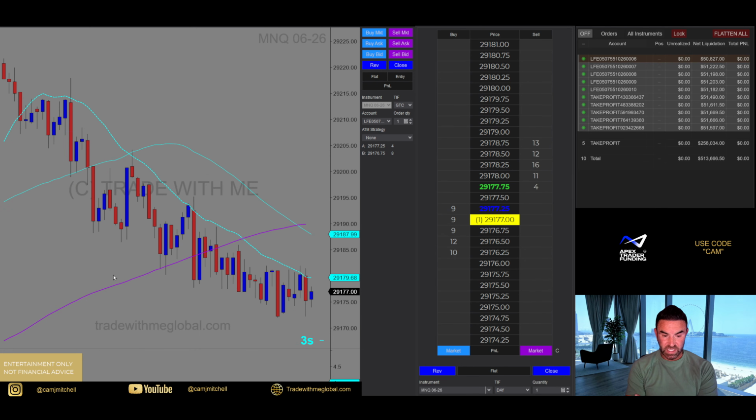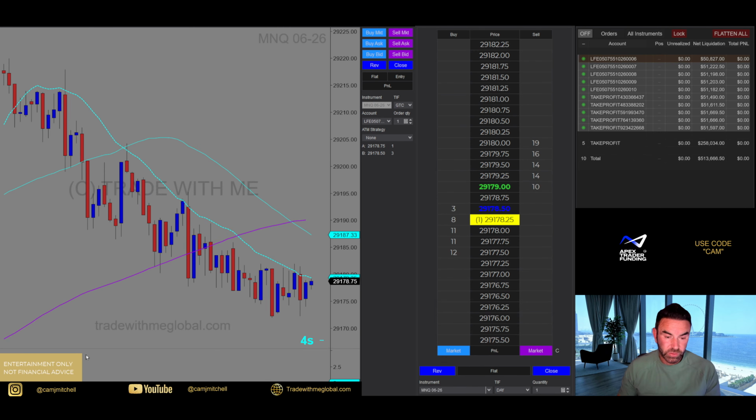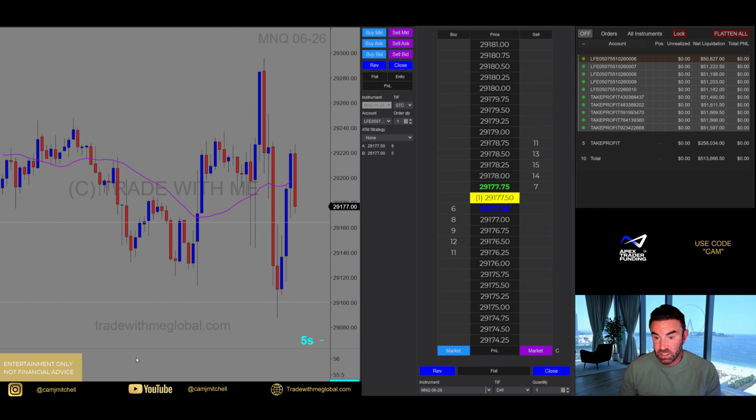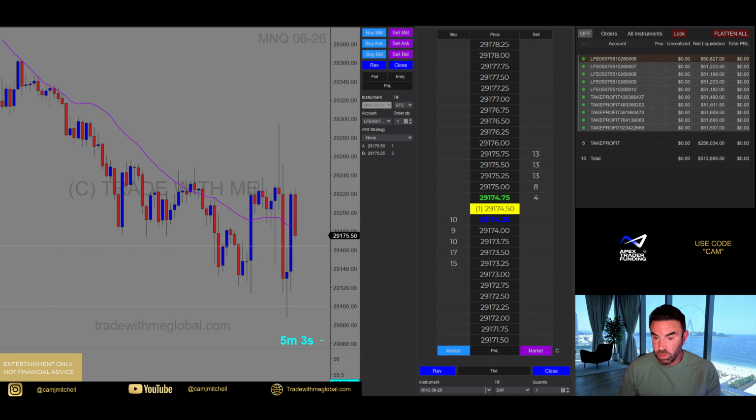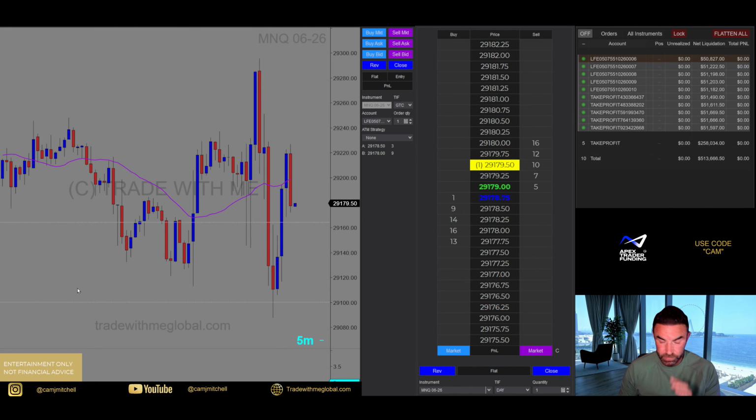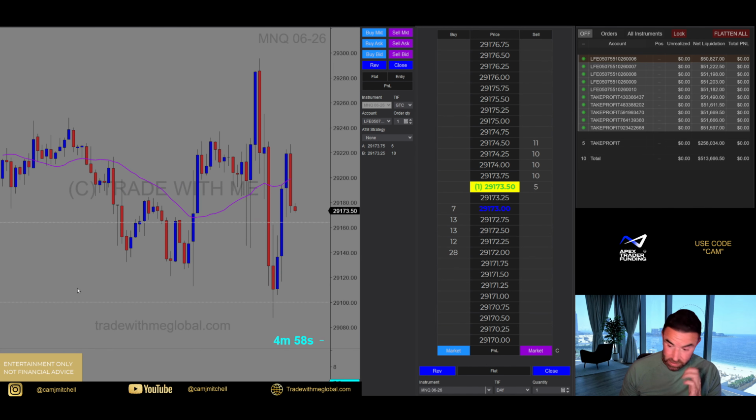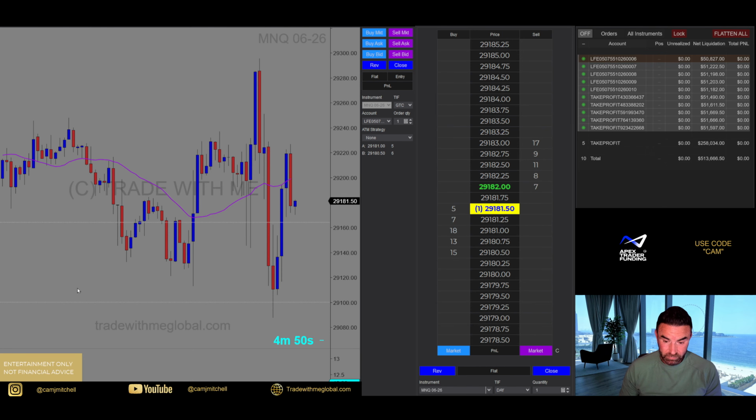Okay, so 15 seconds to go on the 5, and that's going to close strong to the downside. Honestly, there is just so much volatility here. We're up, we're down, we're up, we're down. We're not sure. I think the positive news is it seems like the downside has definitely slowed.